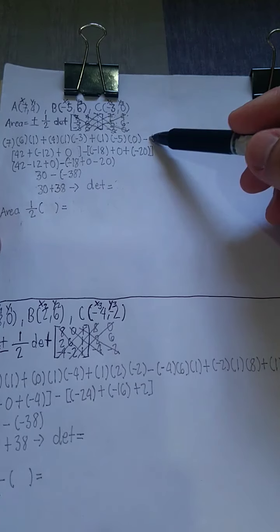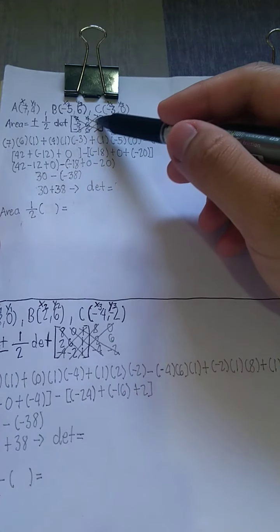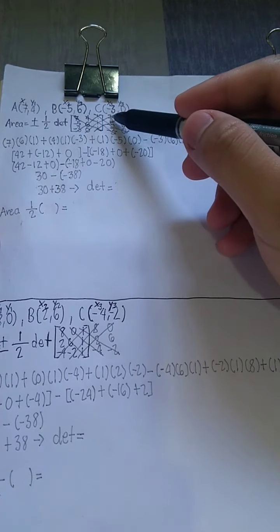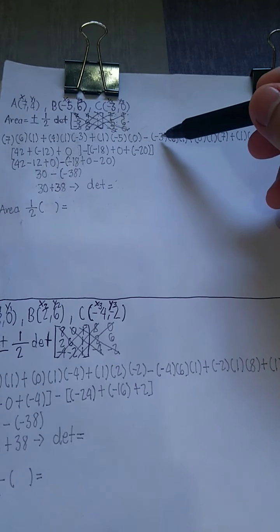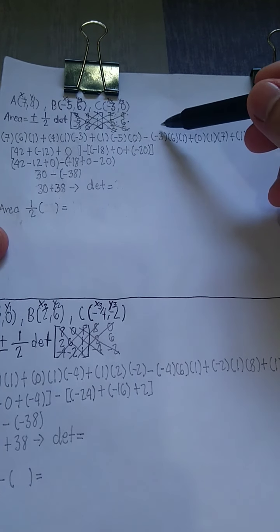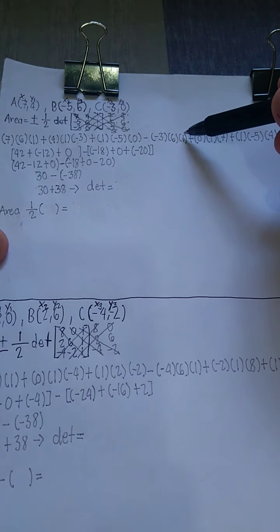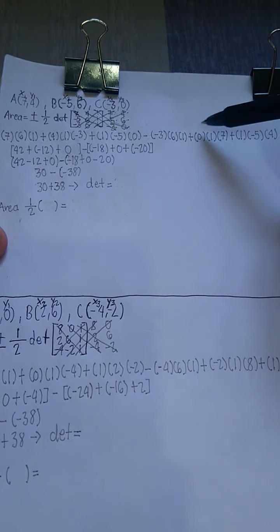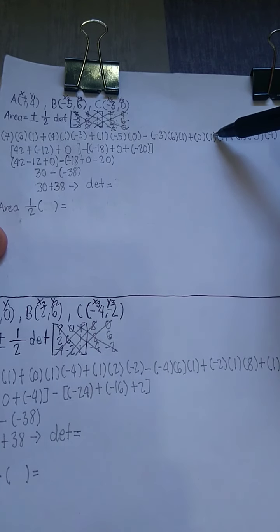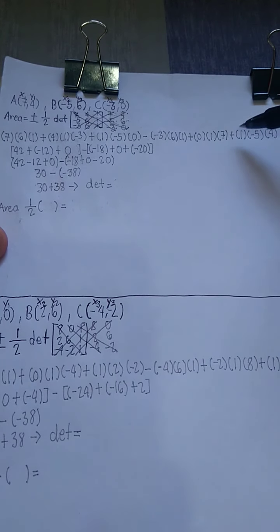Then we subtract the opposite diagonals going up: -3 times 6 times 1, plus 0 times 1 times 7, plus 1 times -5 times 4.